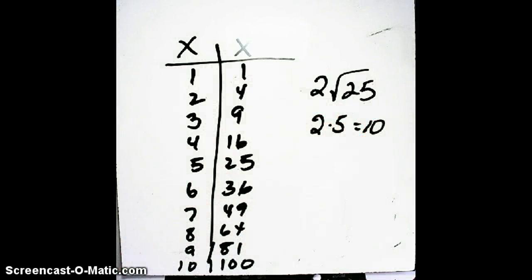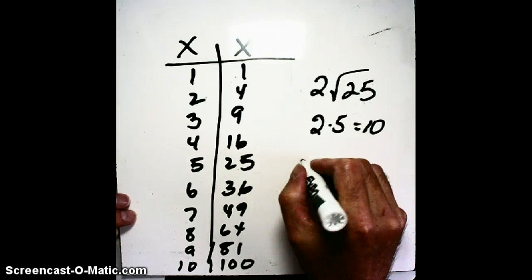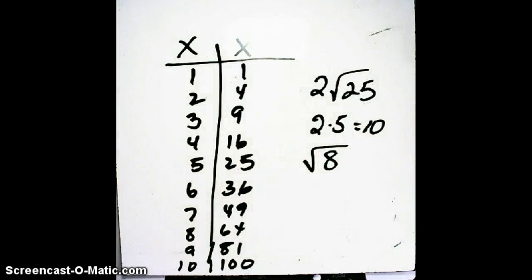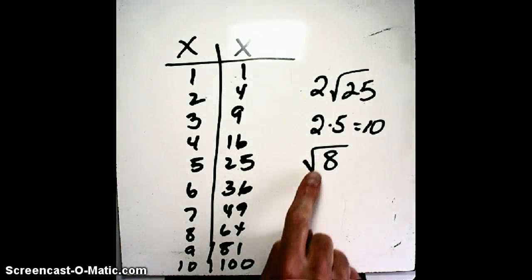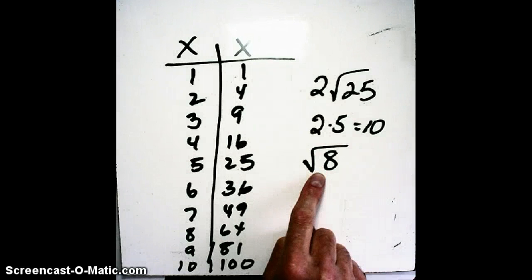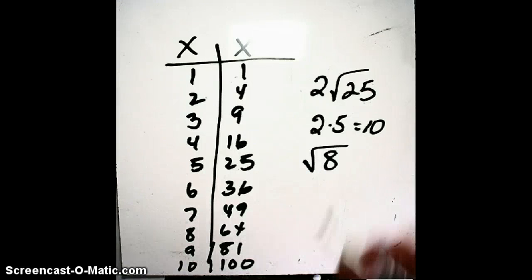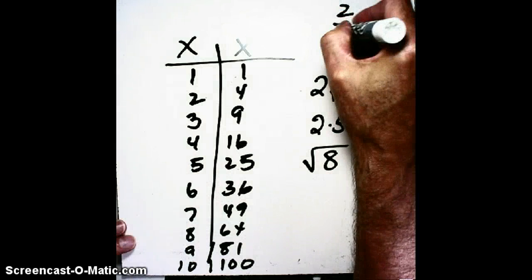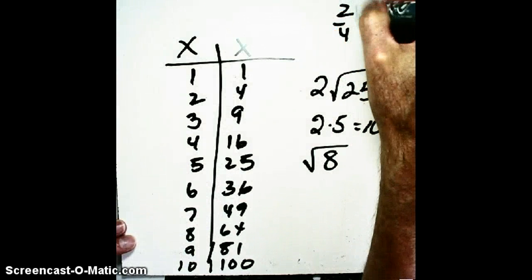Does that make sense? All right, now you're going to have to simplify radicals. So let me give you the most basic radical to simplify. Can you simplify radical 8? Well, what you're going to do, like doing a fraction, 2/4 is the same thing as 1/2 because 2 goes into both of them.